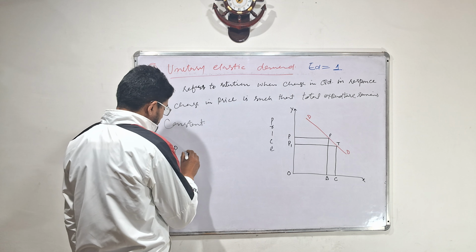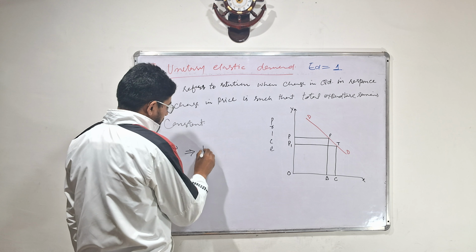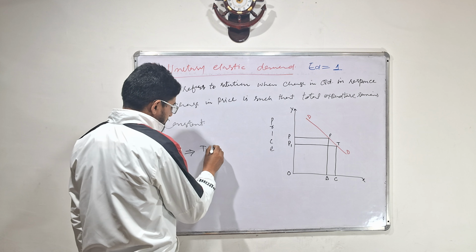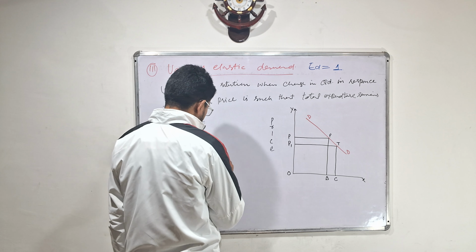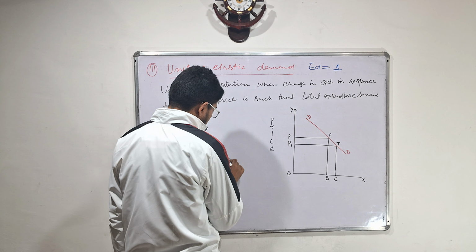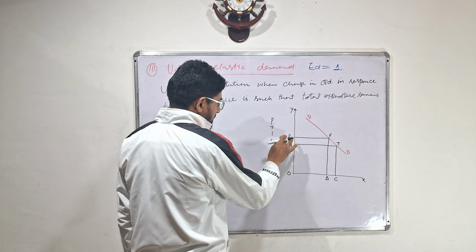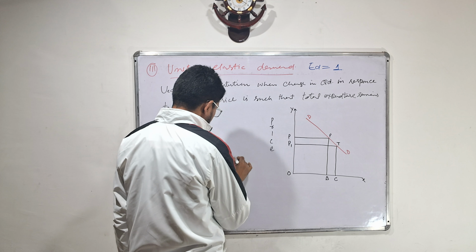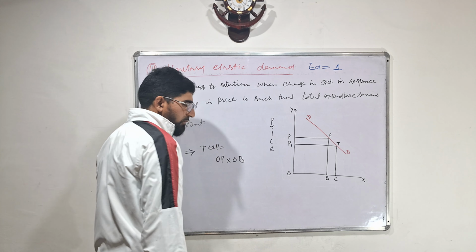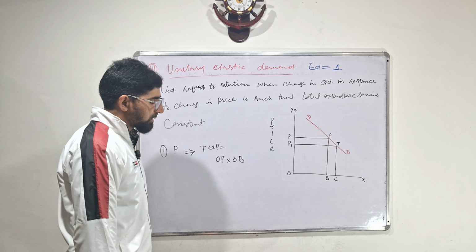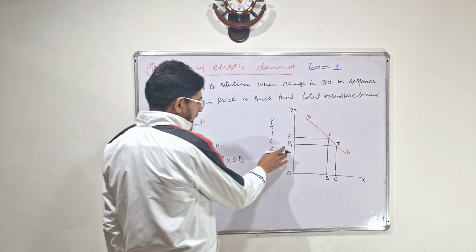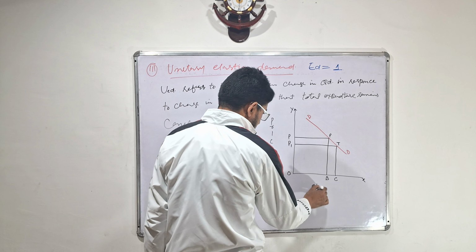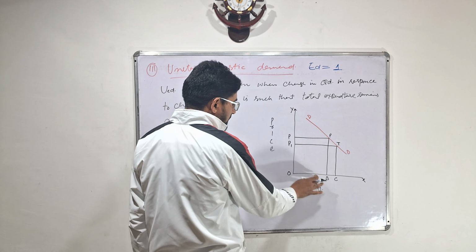At price P, what will be the total expenditure? Total expenditure will be OP multiplied by OB. This is price, this is quantity. Total expenditure is the amount of money to be paid for goods and services, that is, price multiplied by quantity.